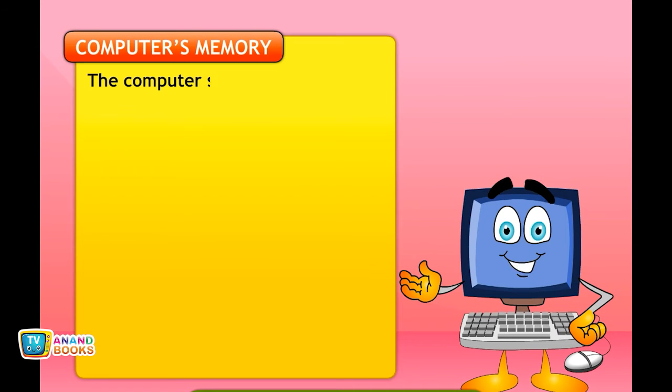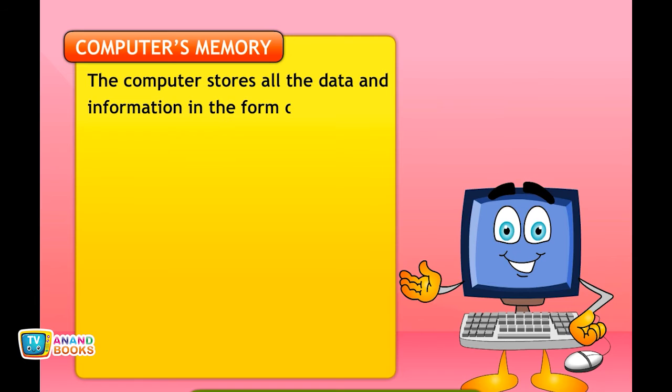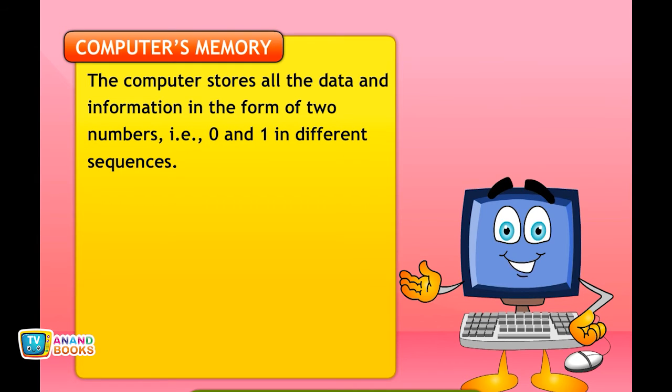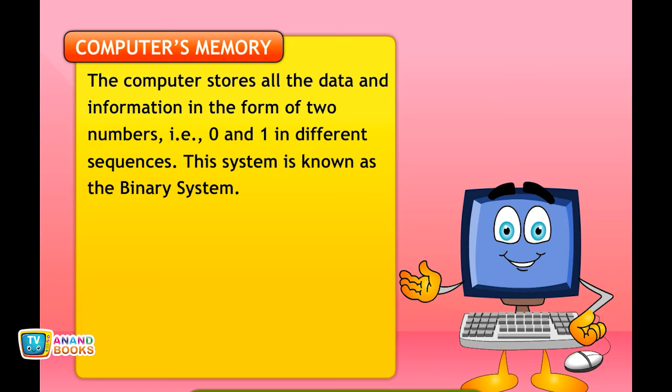The computer stores all the data and information in the form of two numbers, that is 0 and 1, in different sequences. This system is known as the binary system.